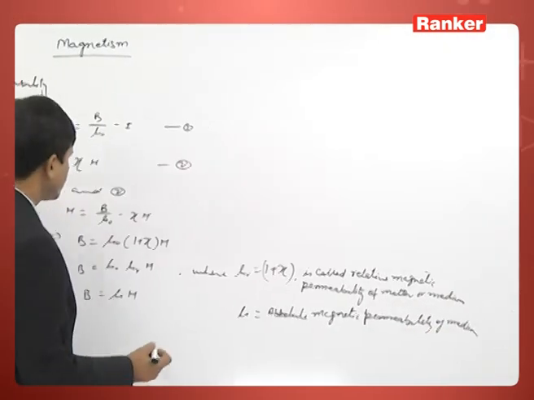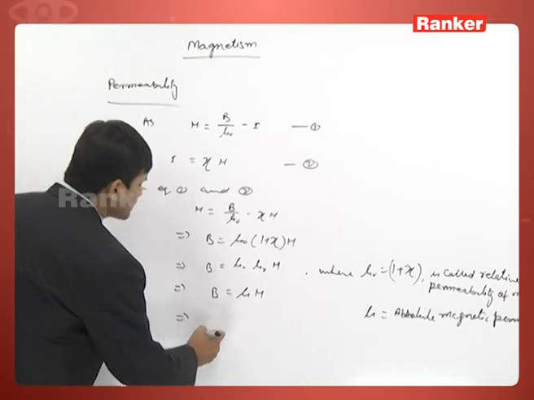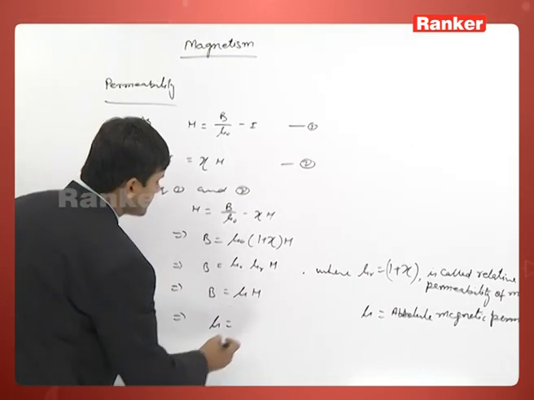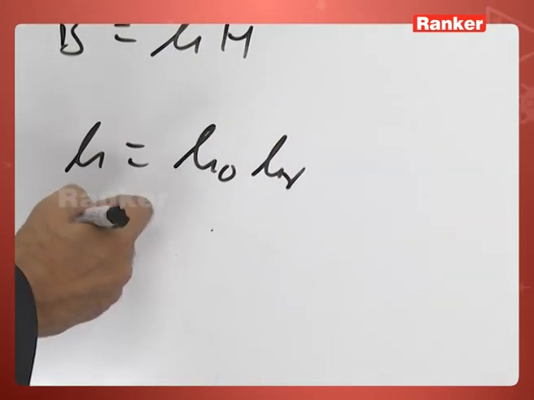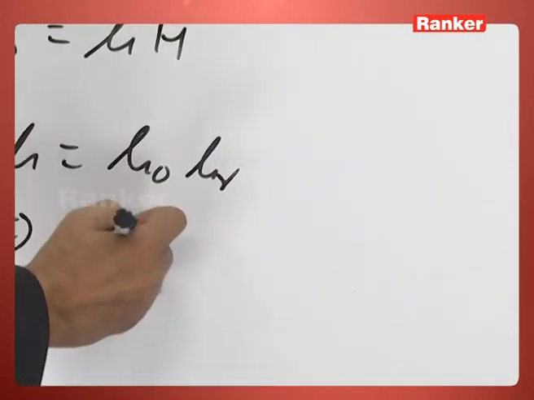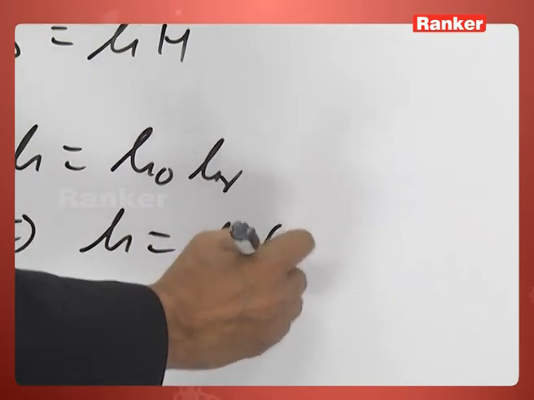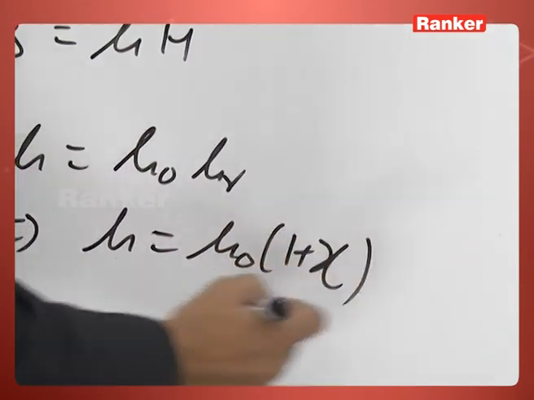So, from here we can write mu is equal to mu naught into mu r, or this is your mu is equal to mu naught into 1 plus psi.